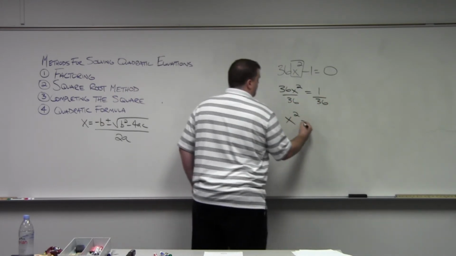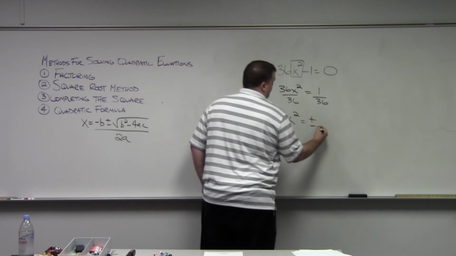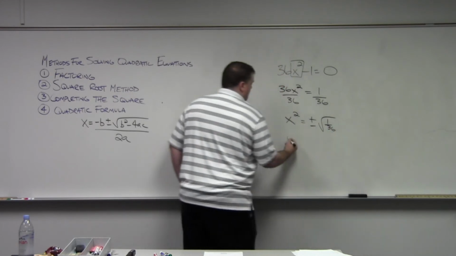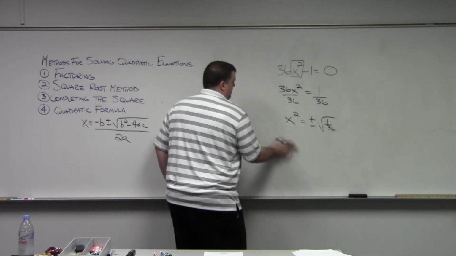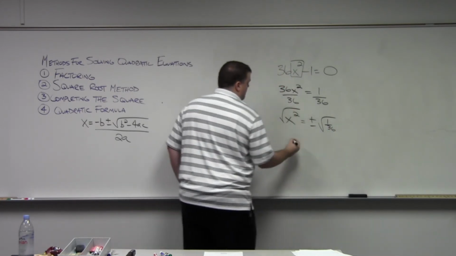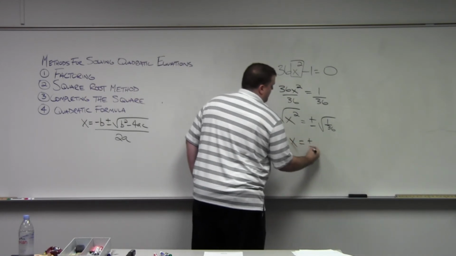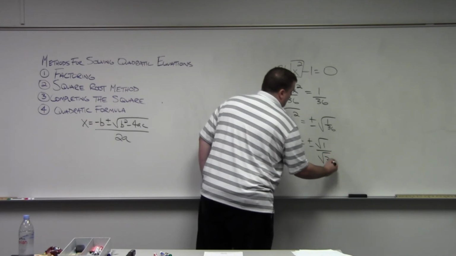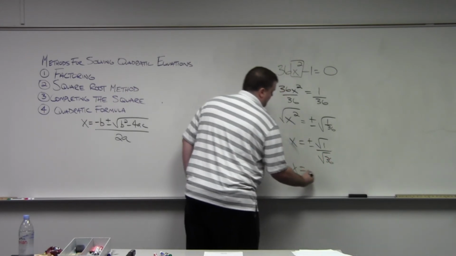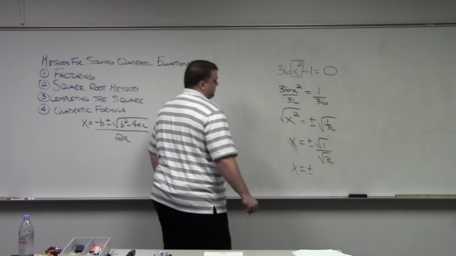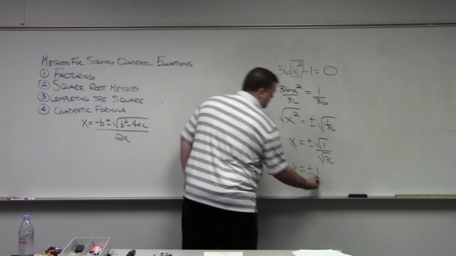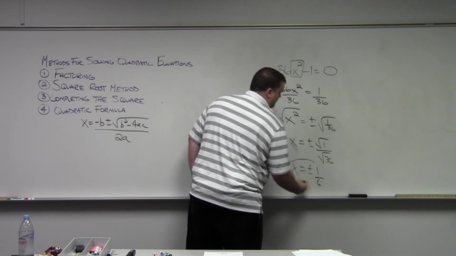So x squared equals 1/36, x equals plus or minus the square root of 1/36. So x equals, once again, if you have a fraction, you can split it apart. So what's the square root of 1? 1. What's the square root of 36? 6. And there's my 2 answers.